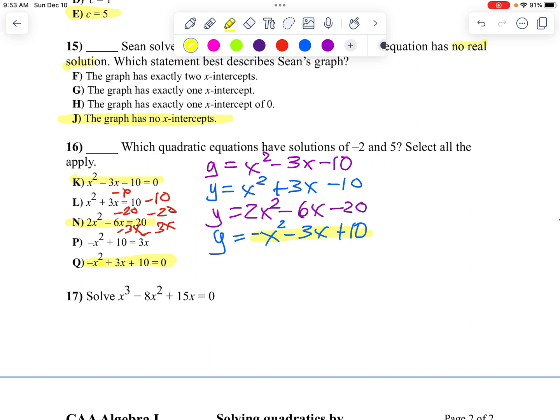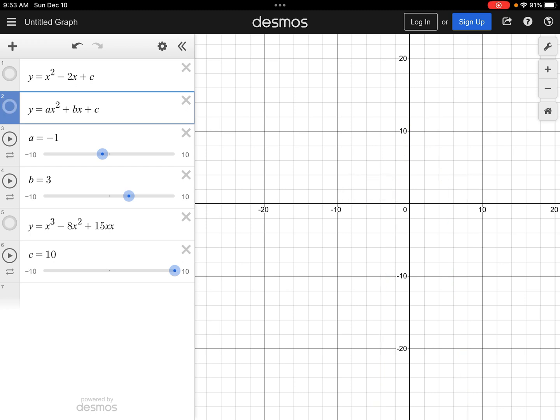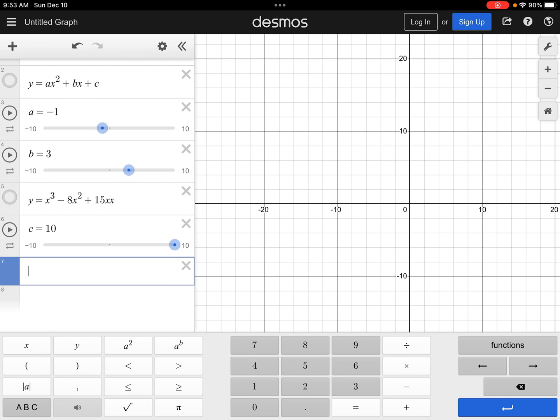Okay, question 17. We're going to do the same thing. We're going to relate the related function. The only difference this time, notice it's x cubed. So I could have up to 3 unique answers. So let's graph that. Oh, I didn't graph that, so let's do that right now. So y equals x cubed.